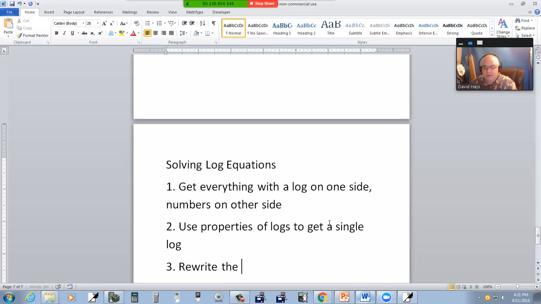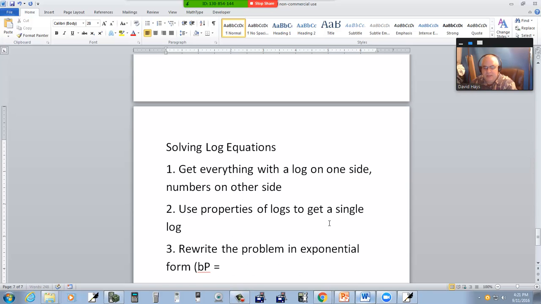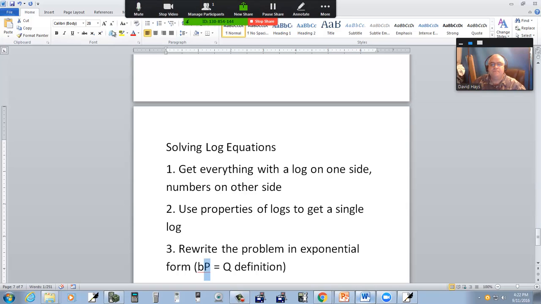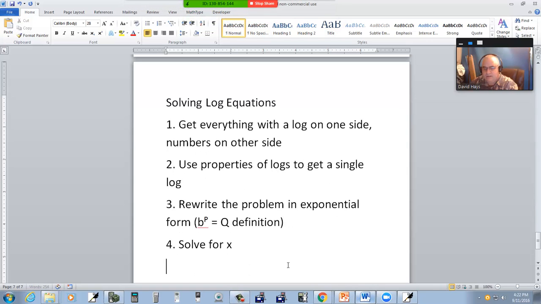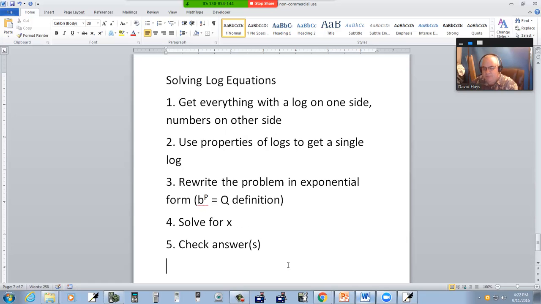Rewrite the problem in exponential form. This is the b to the p is equal to q definition. Step 4, we want to solve for x. And then step 5 is we want to check our answers. We want to make sure we don't end up with log of a negative number or log of 0.